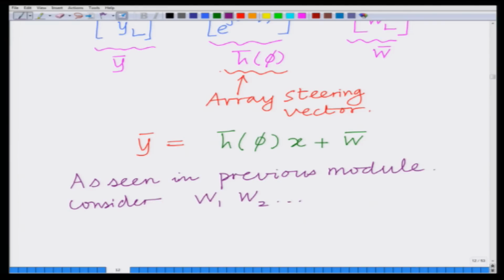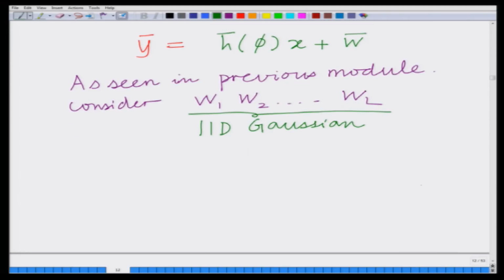Consider these noise samples W1, W2, up to WL to be IID Gaussian, that is independent identically distributed Gaussian. Remember what is IID?